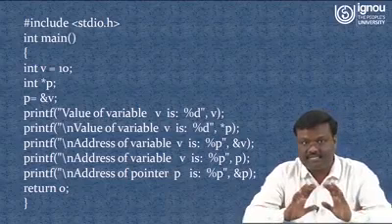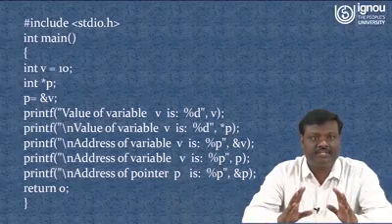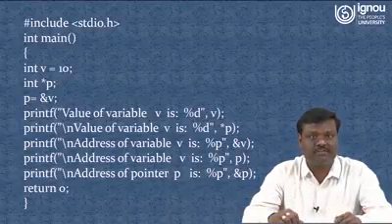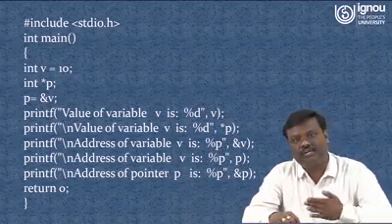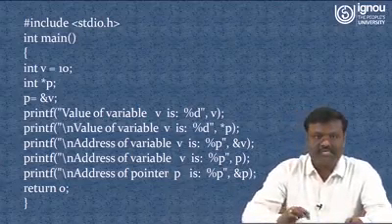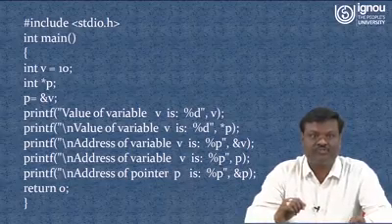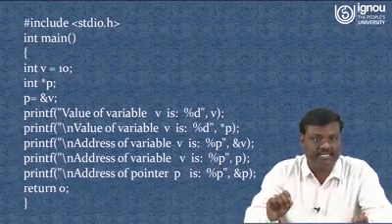Let us make it clearer, how to display the value and how to display the address of these particular values, through the normal way and through the pointer way. Here v is equal to 10, and p is a pointer pointing towards int, and in that p I am capturing the address of v.